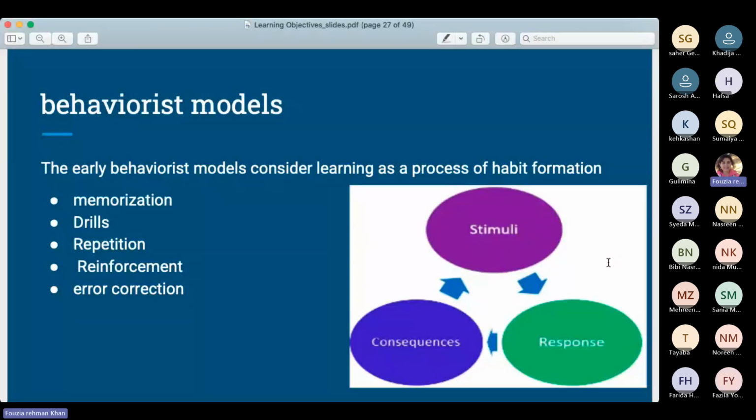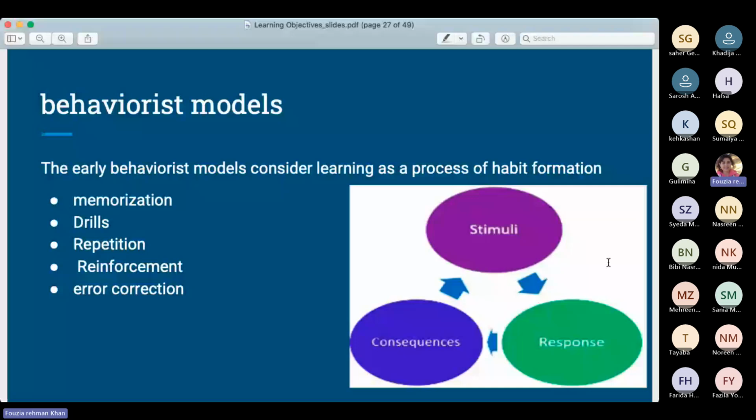So, anyone who favors or thinks that the behaviorist model really works well is going to develop some objectives where they would put some of the course material for memorization. They will teach through memorization. They will develop certain drills, certain exercises where there is a lot of repetition. For kids, not kids, ESP is not for kids.